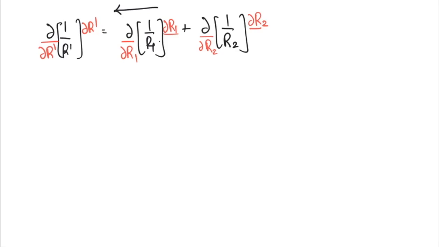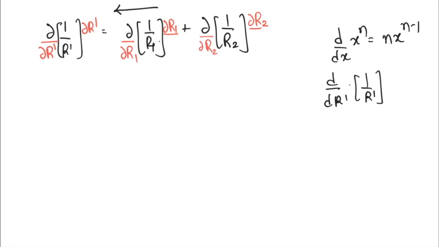Now I showed you that for d by dx of x raised to n we have n x raised to n minus 1, but here we have d by dr dash of 1 by r dash. 1 by r dash is nothing but r dash raised to minus 1.